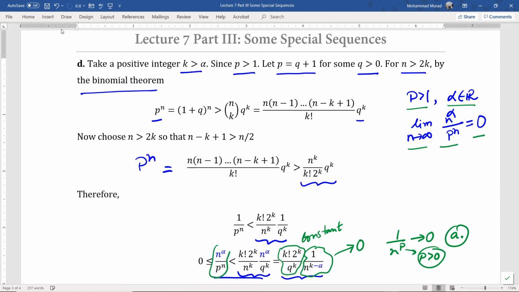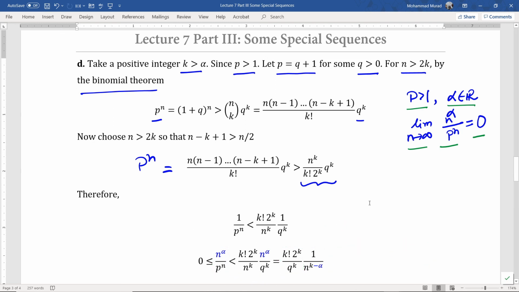The sequence approaches 0 for all real numbers alpha and for all real numbers p greater than 1. Please pause the video now and try to confirm the inequalities.